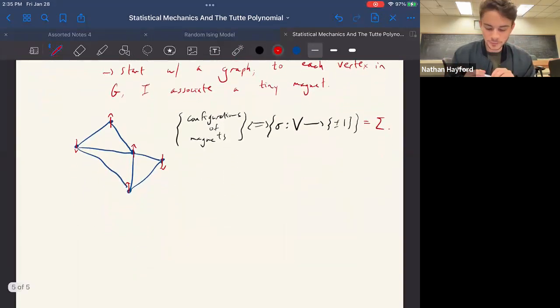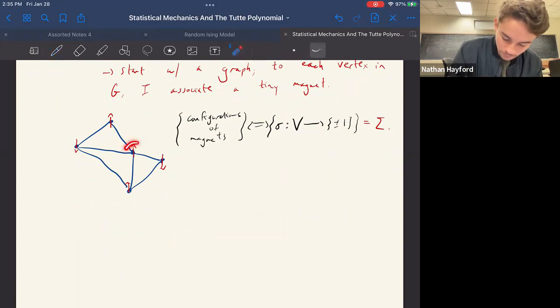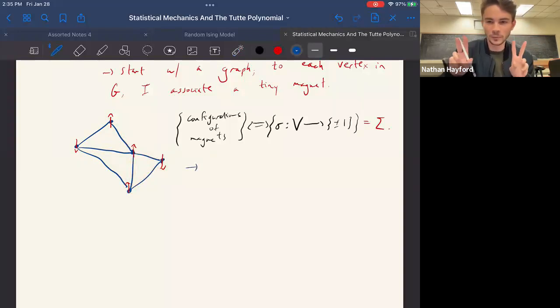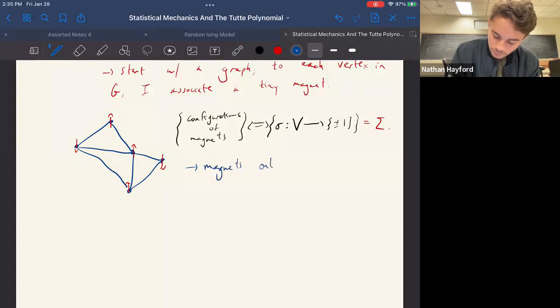Another stipulation we're going to make of this magnet, because otherwise we won't be able to get anywhere, is that the little magnets only interact with their nearest neighbors. For example, this magnet actually talks to everything because everything is the nearest neighbor to this one. But this magnet, for example, maybe it's a better example, only talks to these two. So you can think of this as some notion of short range interaction.